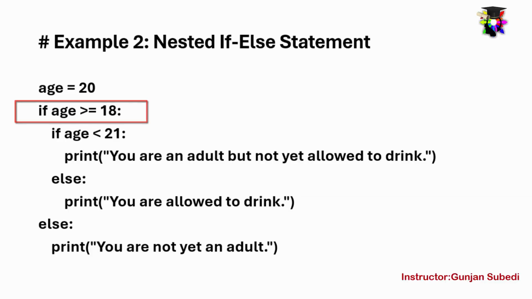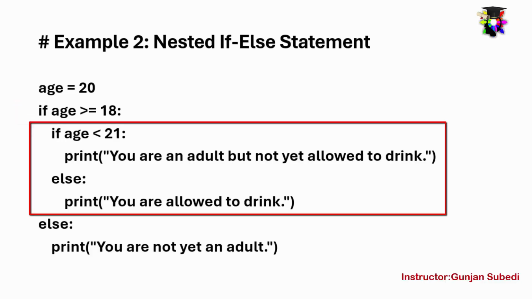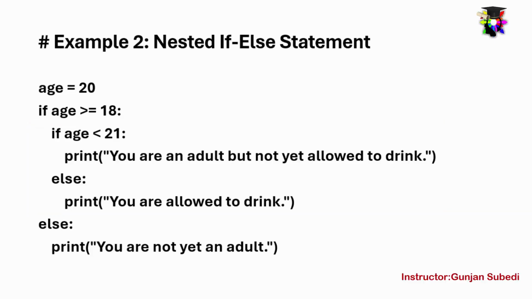If they are, the program moves inside this if statement. If age is less than 21, inside the first if statement, we have another condition. This line checks if the person is older than or equal to 18 but younger than 21. If they are, it means they are an adult but not yet allowed to drink.